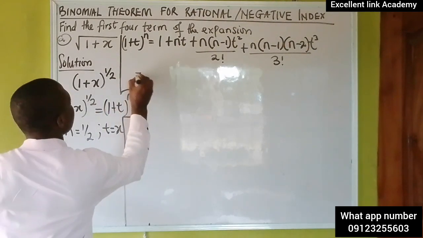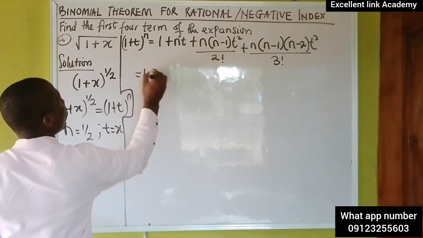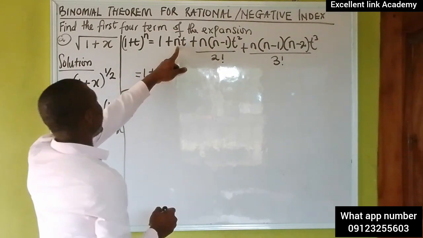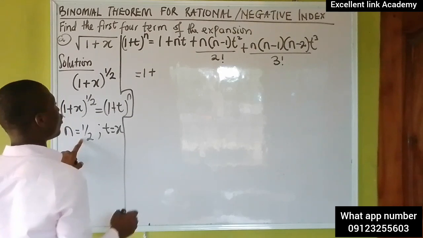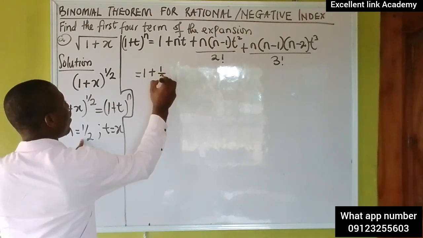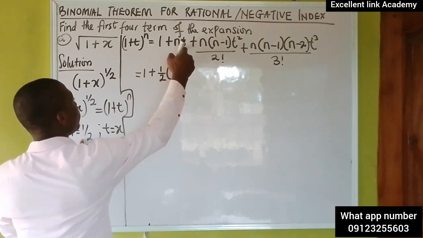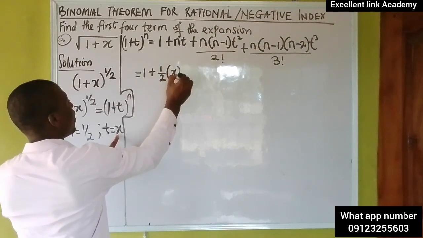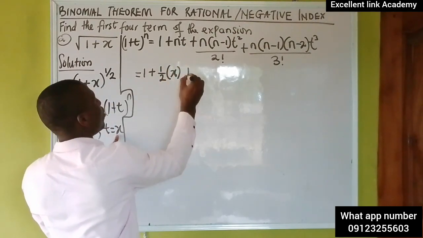So I will substitute the values. That becomes 1 plus, this is n, and n is 1 over 2, that becomes 1 over 2 into t, and t is x. I have x. This is the positive sign.